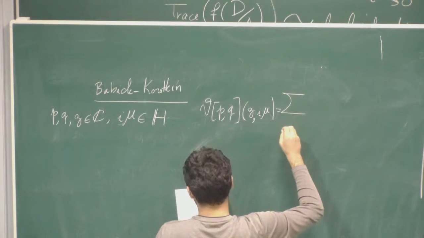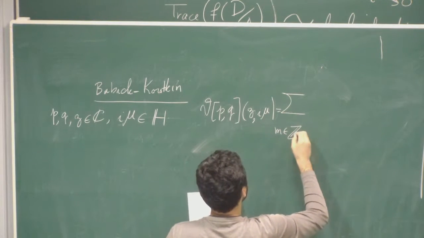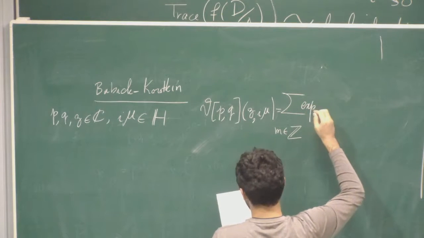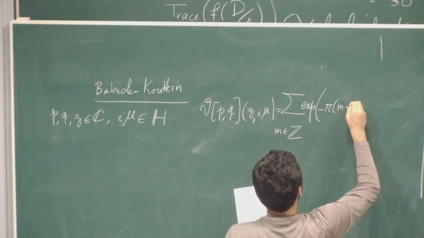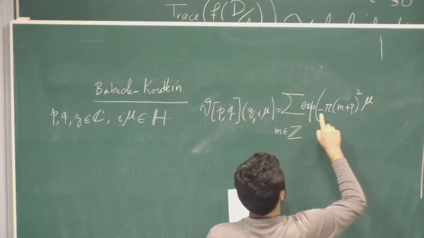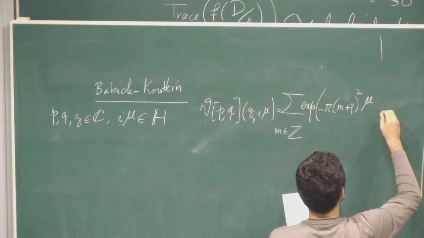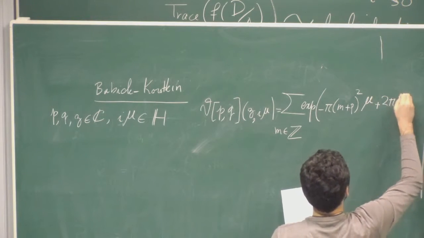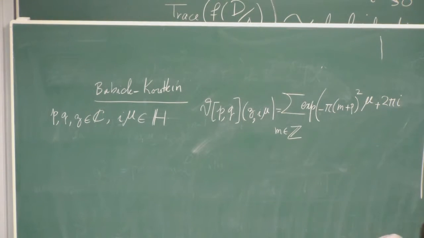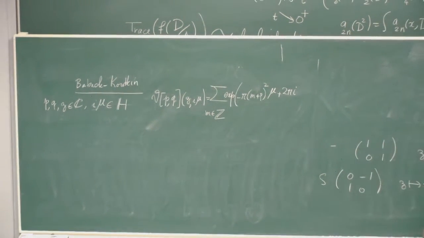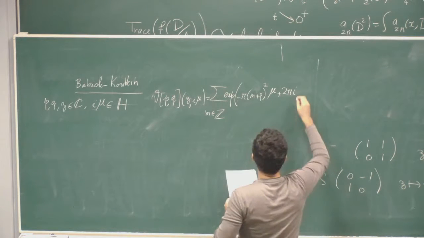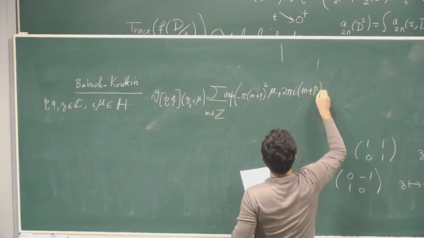So there is a summation over m in Z. The exponential, so think of this as pi i mu times (m plus p) squared, plus 2 pi i (m plus p) times (z plus q).